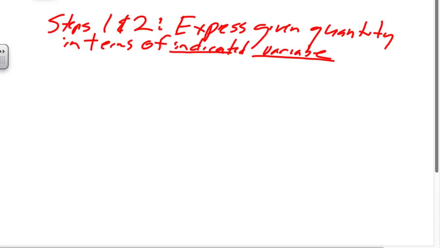And in this one we're looking for the sum of three consecutive integers.